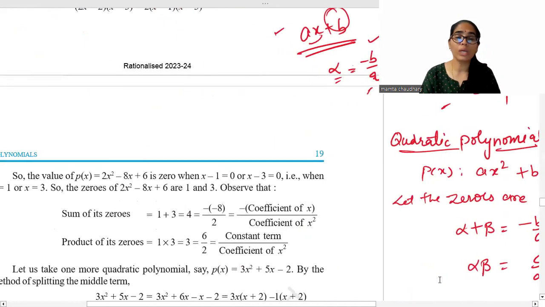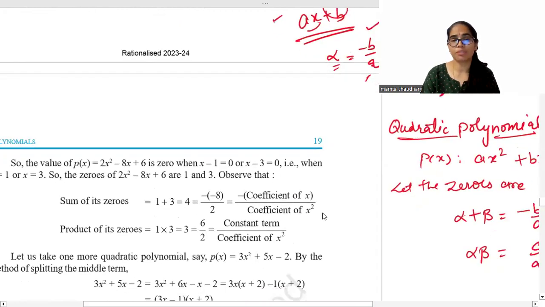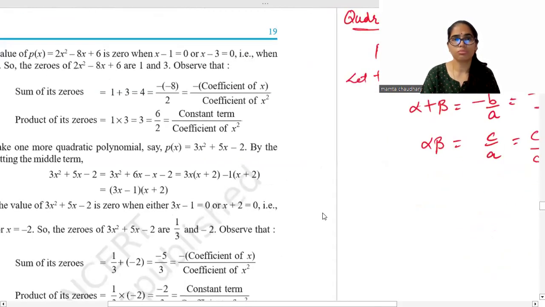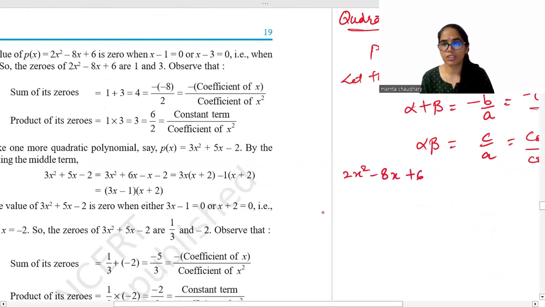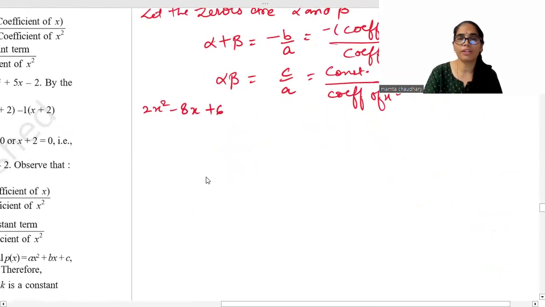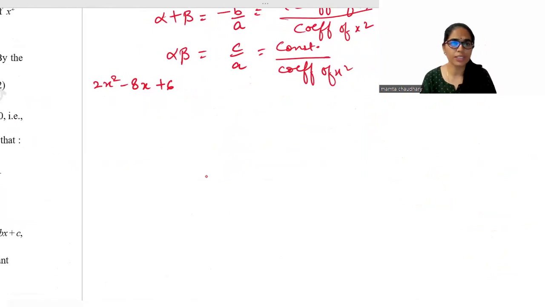Now I'm taking one polynomial as 2x square minus 8x plus 6. Now let's find its zeros and then we will verify the result.